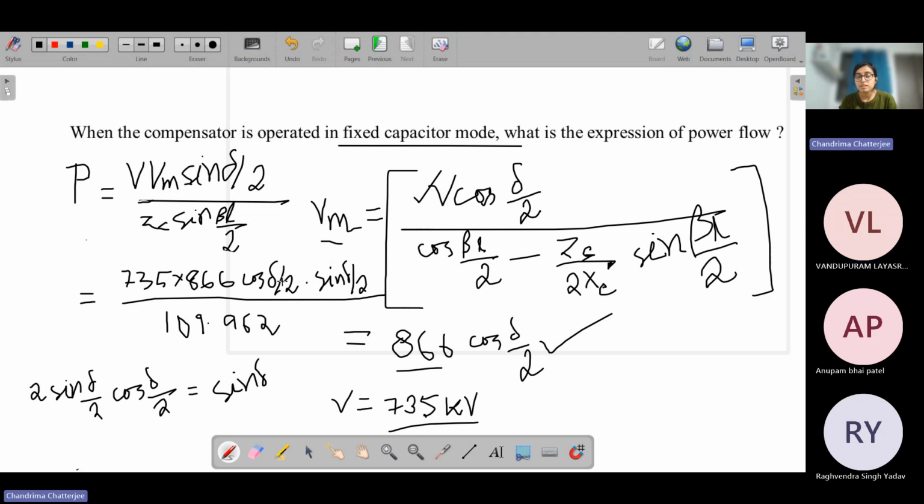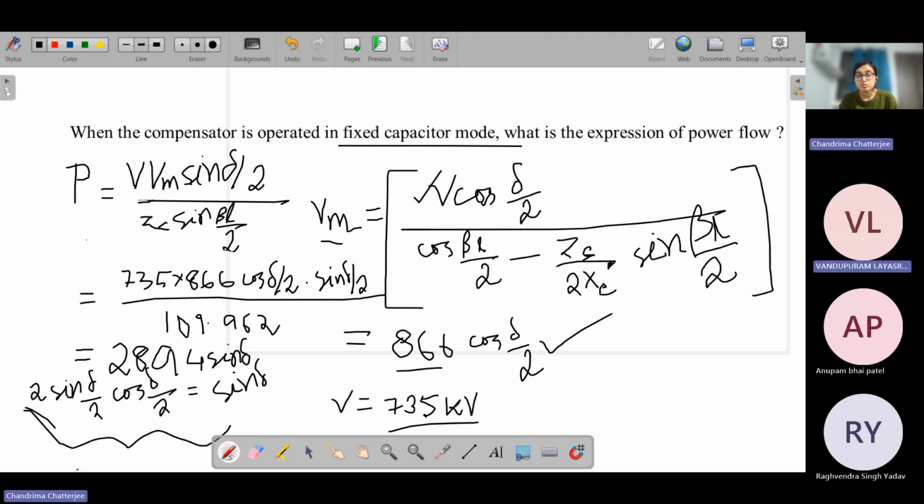But if you combine this, then you need a 2, right? You need a 2, so you will have to divide the number by 2. So it will be 2894 sine delta. Did you understand?